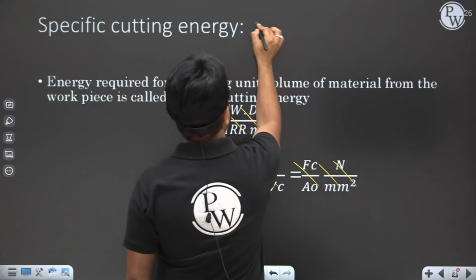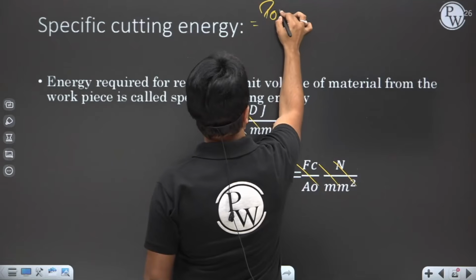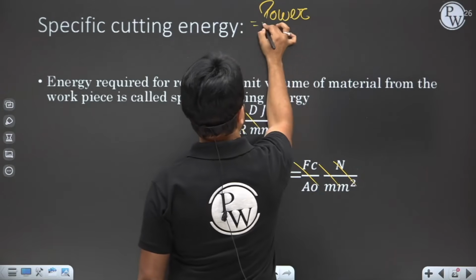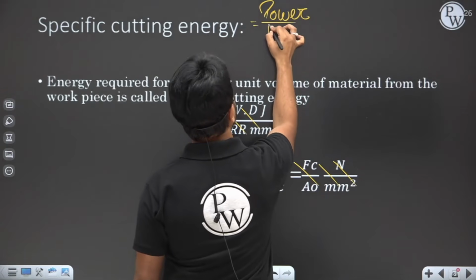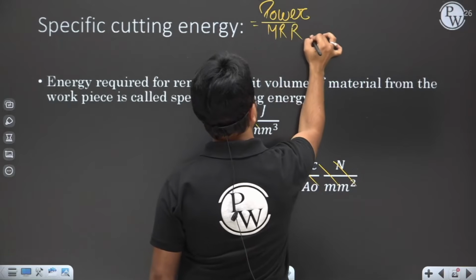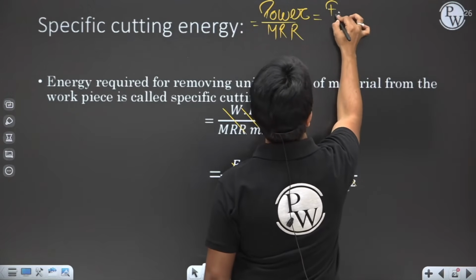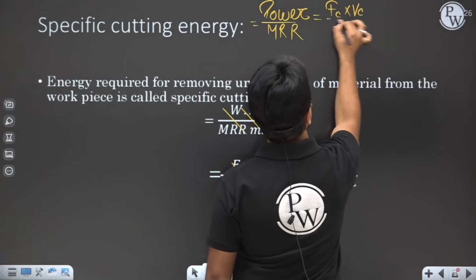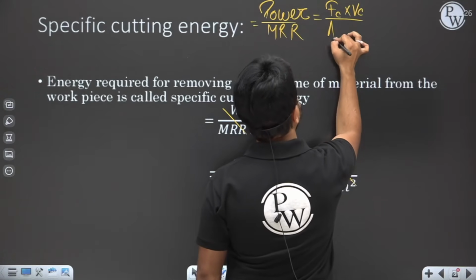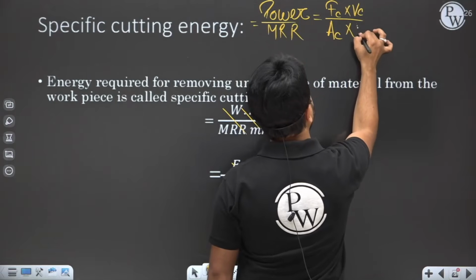What is the specific cutting energy? That is the power divided by material removal rate. Power is cutting force into cutting velocity, divided by cross sectional area which you are going to cut into cutting velocity.